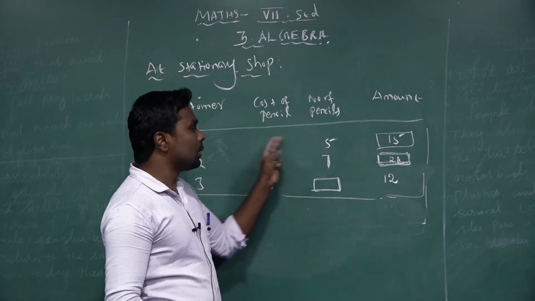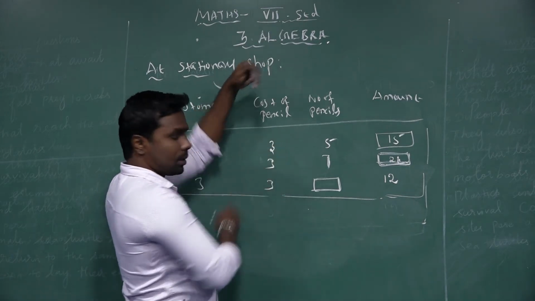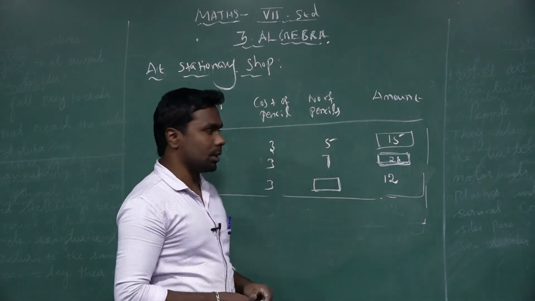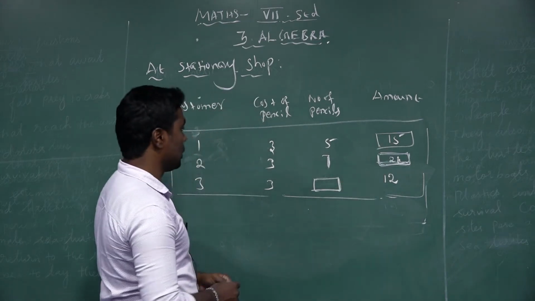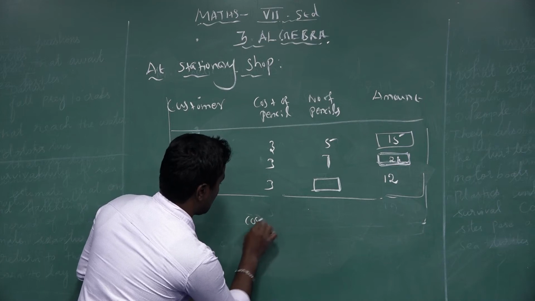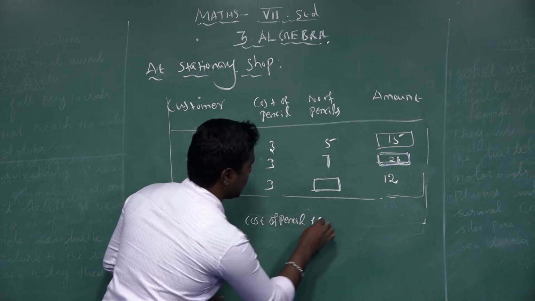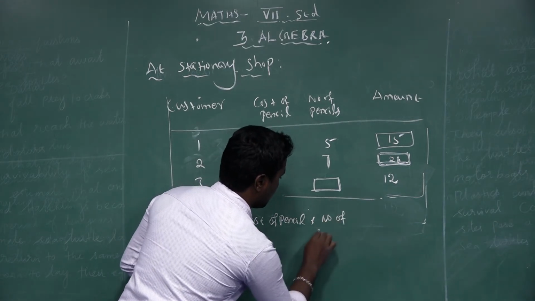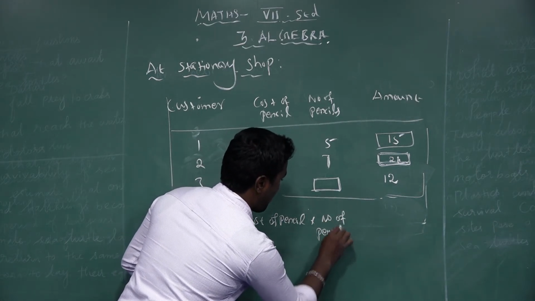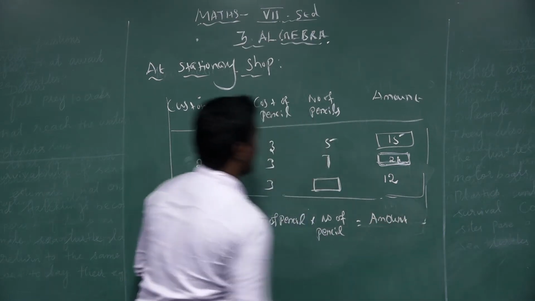So what did we do here? We multiplied the cost of a pencil with the number of pencils to get the total amount. So cost of pencil into number of pencils equal to total amount.